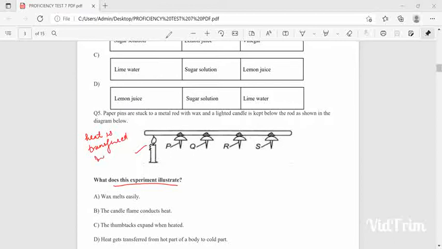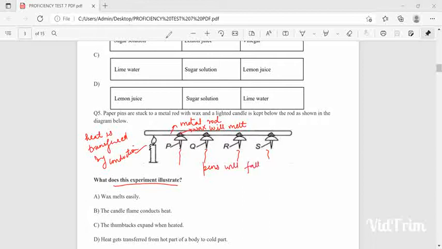The wax will melt and it will be observed that the pins will fall off one by one. The wax will melt on getting heated and the paper pins will get detached. So the paper pins will fall off one by one.